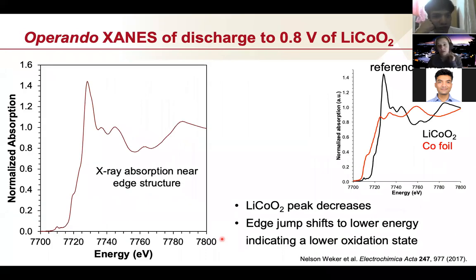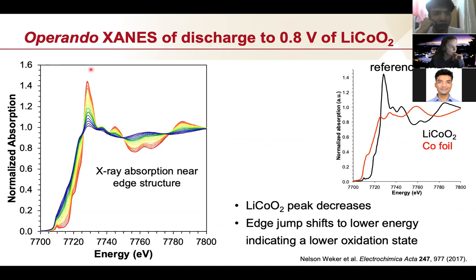So just in bulk, looking at what's spectroscopically happening during cycling, when we discharge to 0.8 volts, for reference, this black curve is lithium cobalt oxide. The red curve over here is cobalt metal. And so what we see in time is that the white line, this bright peak, decreases as you're going closer and closer to cobalt metal, and the edge shifts to lower energy, indicating a lower oxidation state.